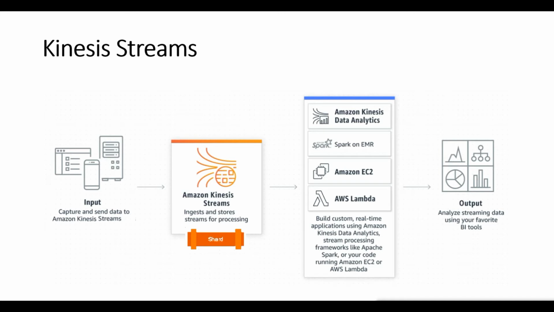So the data stored in shards is analyzed by EC2 instances. And then once the EC2 instances have analyzed the data, they store it in a number of different places, such as your DynamoDB, S3, Redshift, and many others.